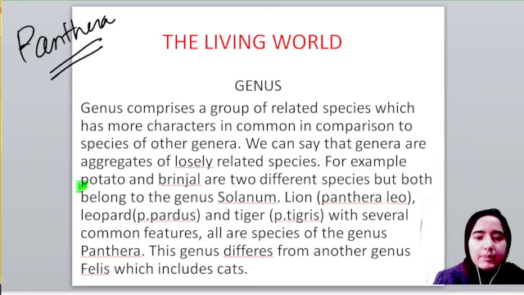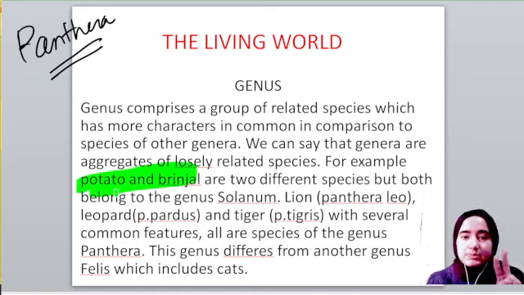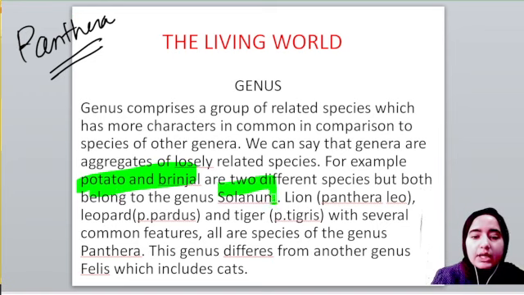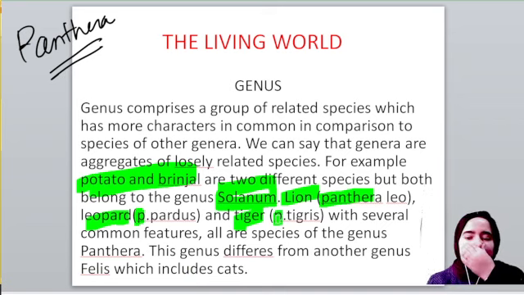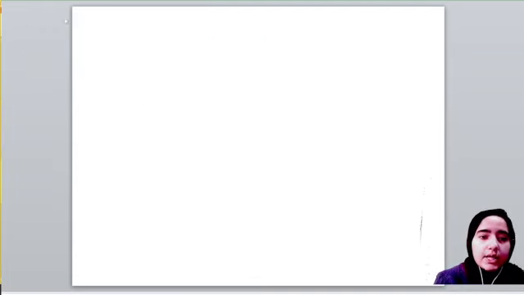Say for example, potato and brinjal are two different species but both belong to genus Solanum. Similarly, lion, tiger and leopard are three different species but belong to the same genus, Panthera. But the genus Panthera is different from another genus, Felis, which includes cats. Please remember, don't get confused.